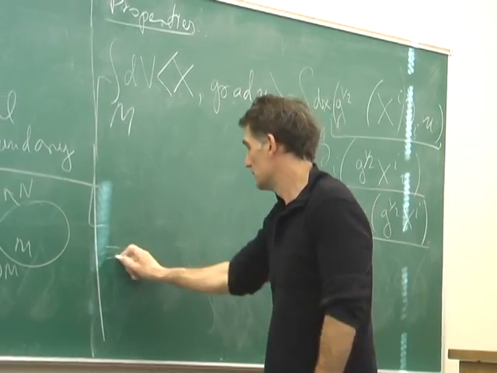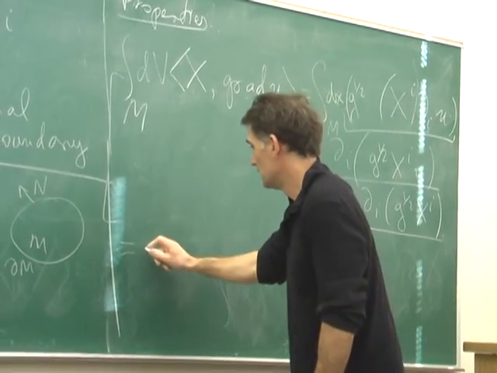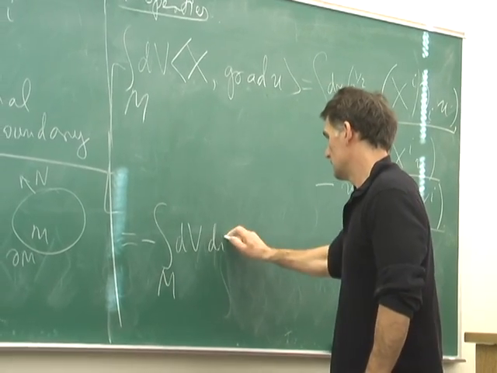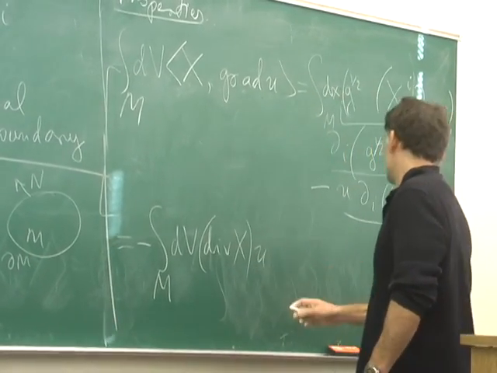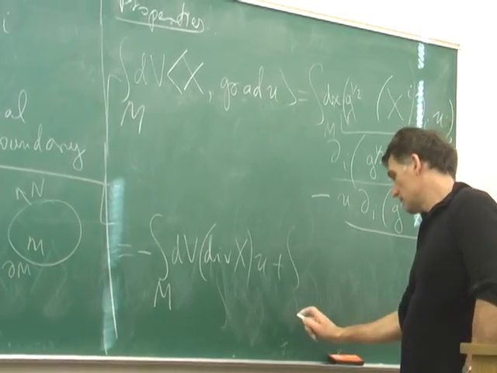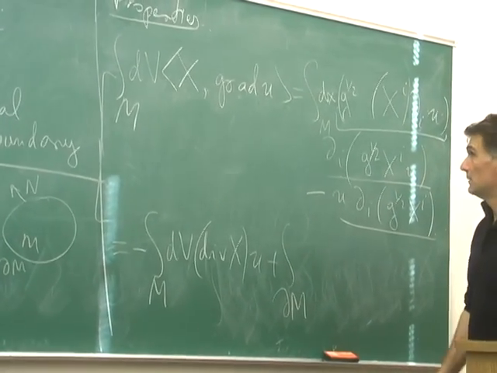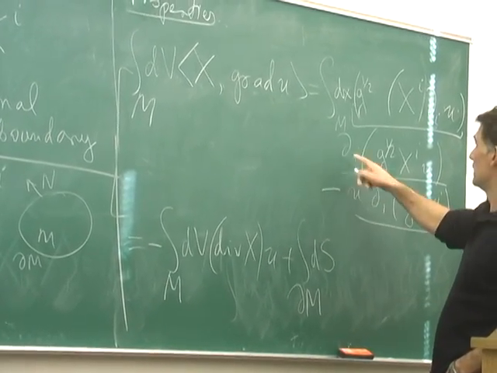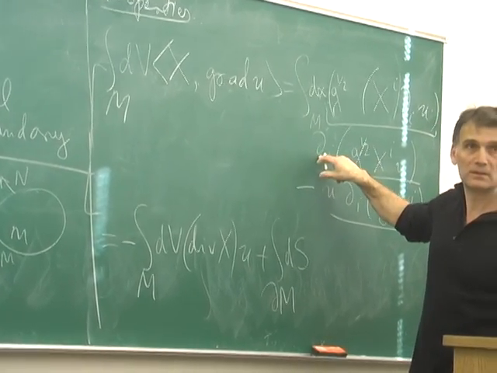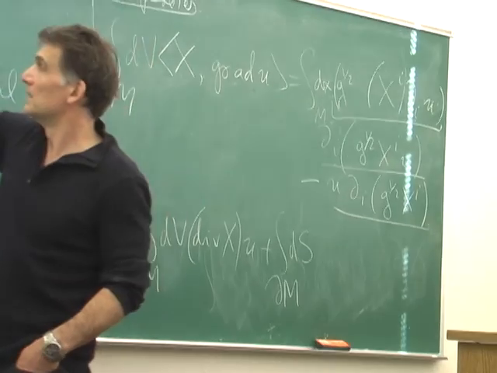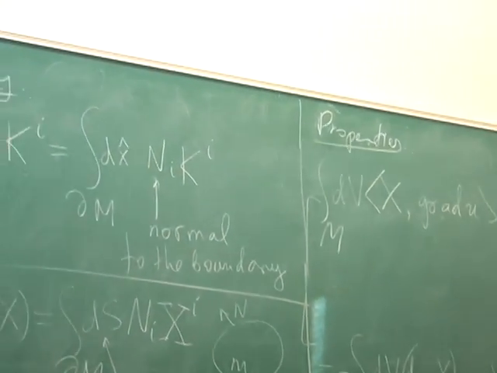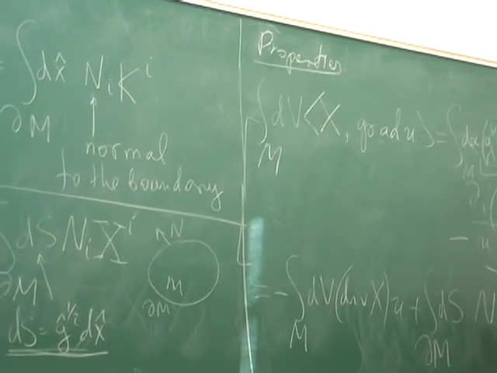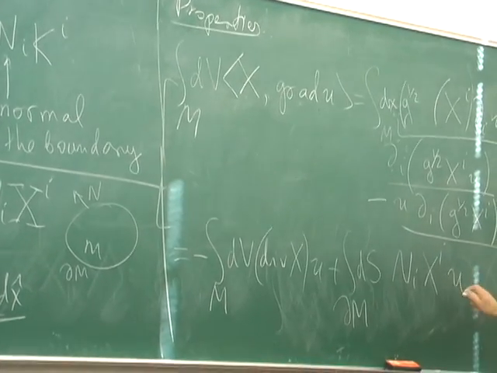So basically, this is negative integral over M dV, the divergence of X u, and then there is that piece which gives you the integral over the boundary dS. This just becomes the normal vector. And so this g^(1/2) with that gives you dS, and you get n_i X^i u.